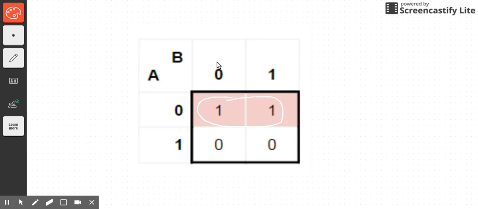So first of all, I can see that the values of B change. So I know I'm not going to need a B. And I can see that the value of A is always 0. So I know I'm going to need a letter A. Now, how do I denote that A is 0 instead of A is 1?